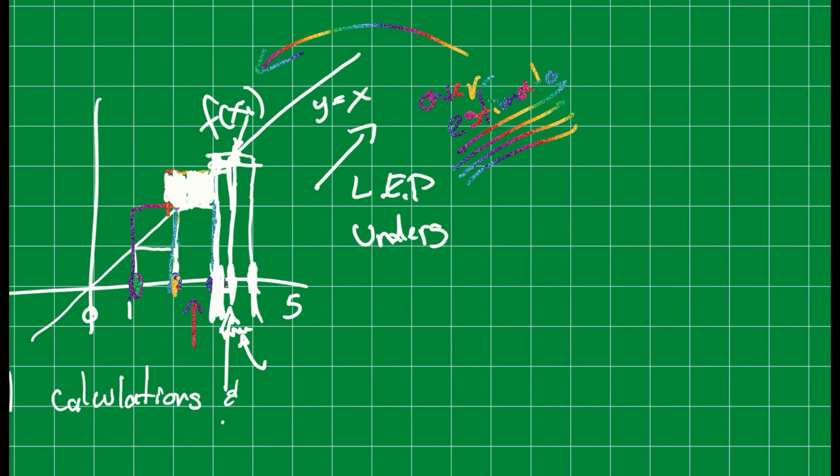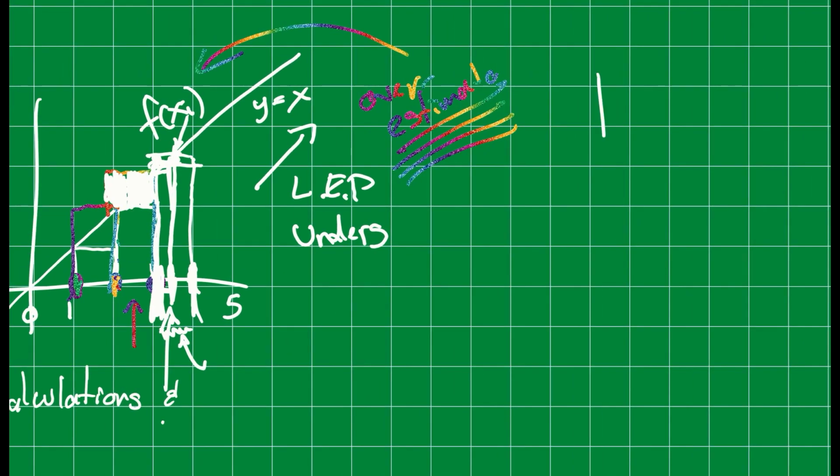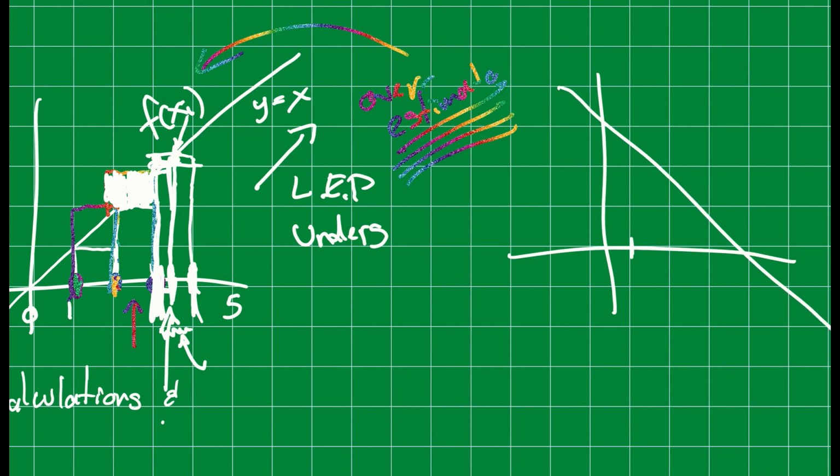Now it'll reverse if we see what happens if it's decreasing. For decreasing, just do a random rectangle decreasing. Let me go up. Oh, it'll meet there. Okay, if I'm gonna use the left endpoint, well then I just go here until this one is, and then just go to the right. That is my left endpoint. If I'm gonna be using a right endpoint, well then let me see.